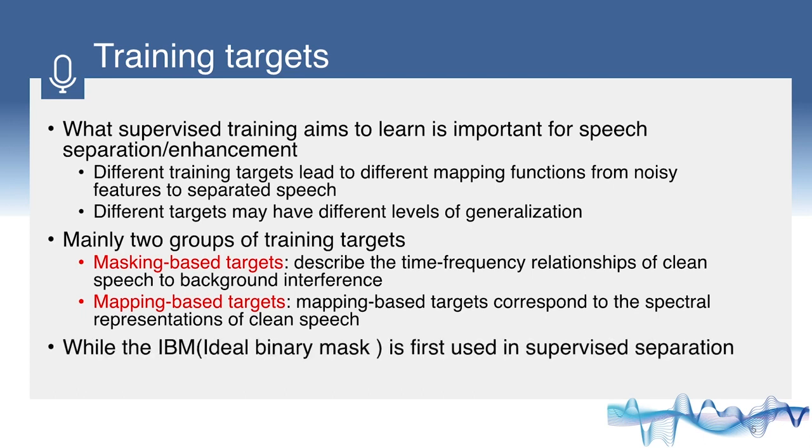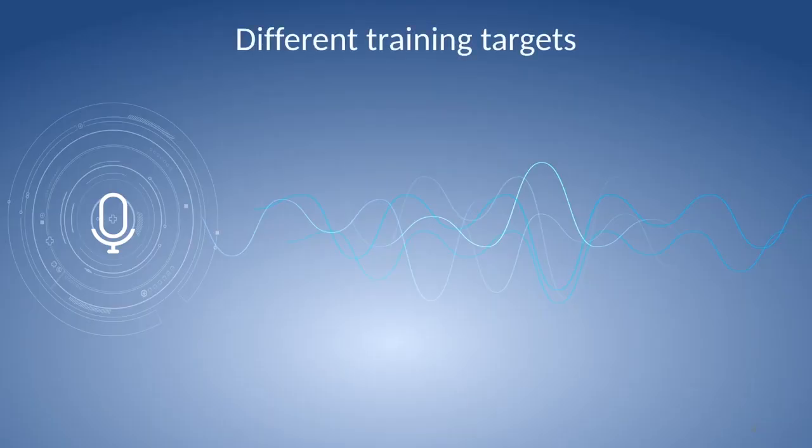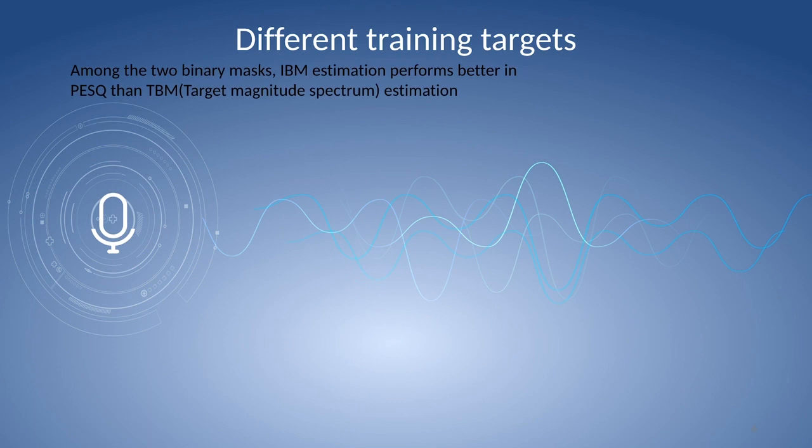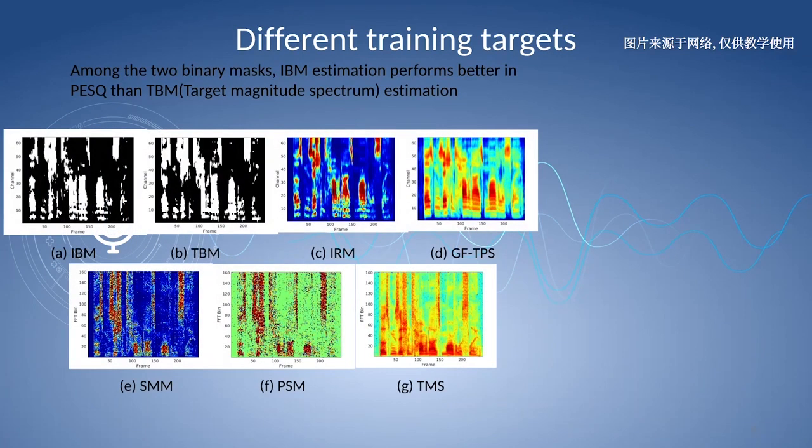There are a number of training targets proposed in the speech separation field. Well, the IBM, ideal binary mask, is the first used in supervised separation. In the year 2014, Wang and his co-workers studied and evaluated a number of training targets using the same DNN with 3 hidden layers, each with 1024 units.